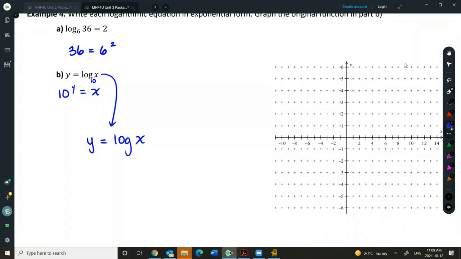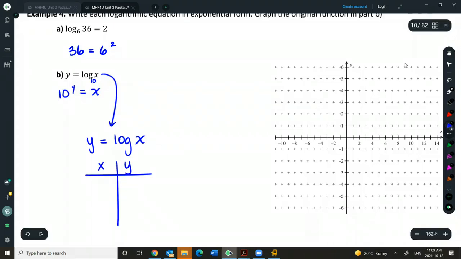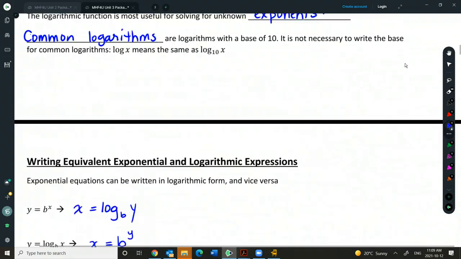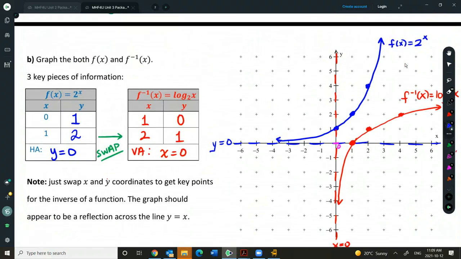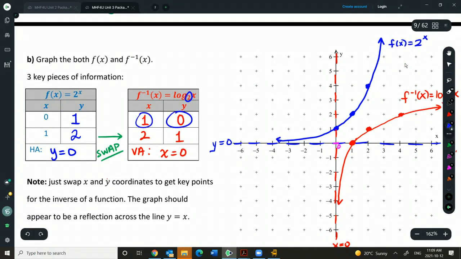Okay, so this question asks me to graph the logarithmic function. And for the logarithmic function, we're going to use a similar format to what we found up here. So when this was base of 2, we had the point 1, 0.